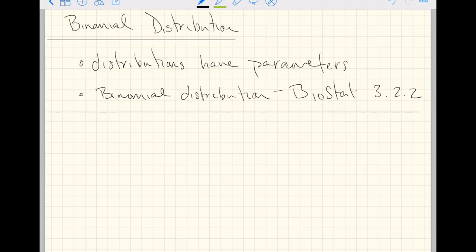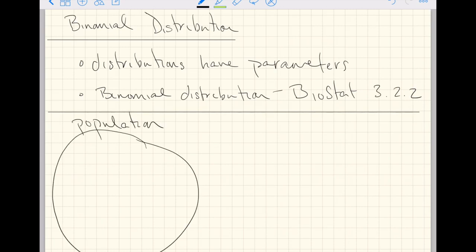We're getting to the idea that the world of statistics is trying to make statements about the population. And we are formalizing with random variables the idea that distributions are what describe the population of interest.